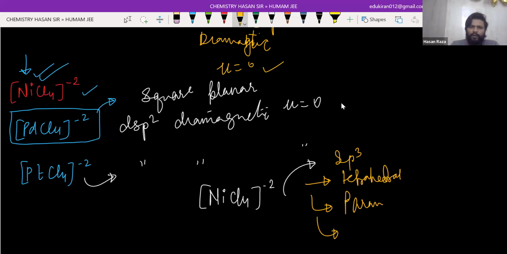Root 8. Very good. So you can say 2.75, or if you are going to be specific, it will be 2.82.